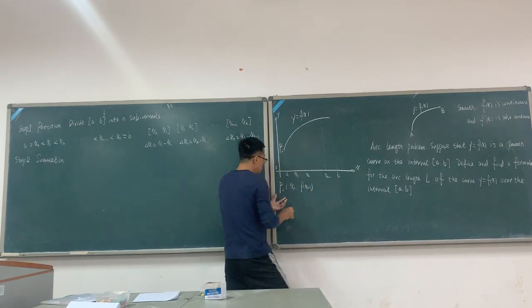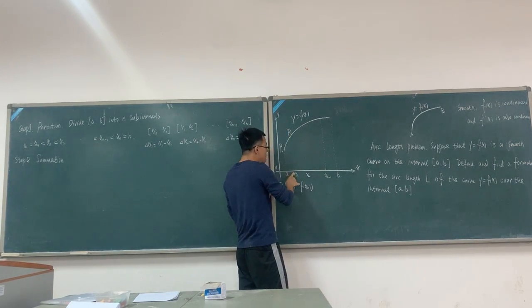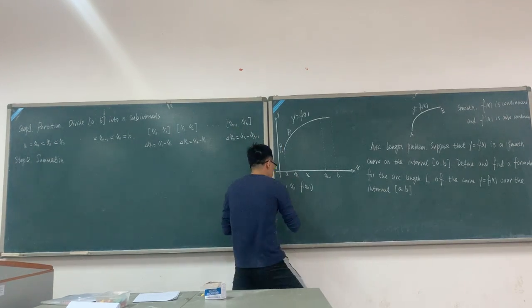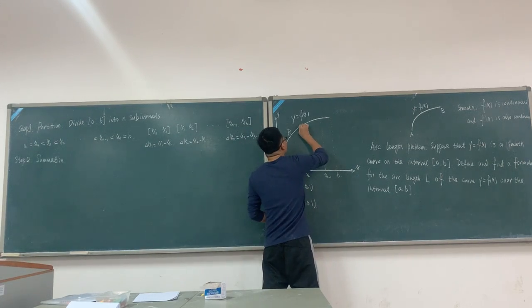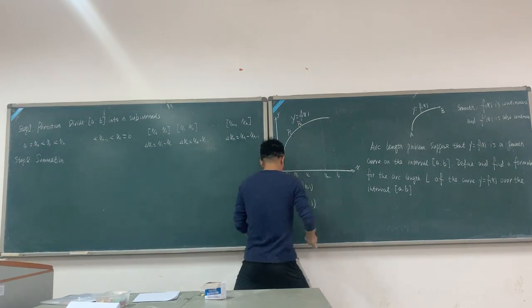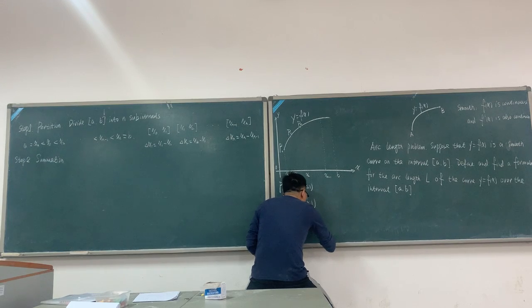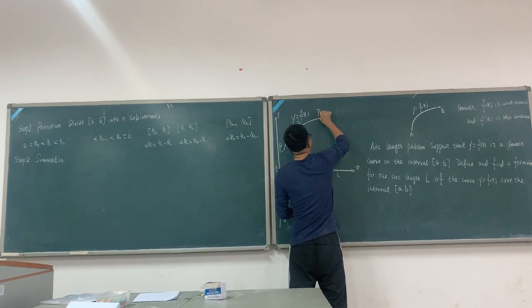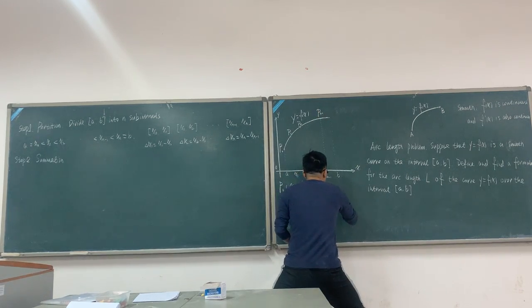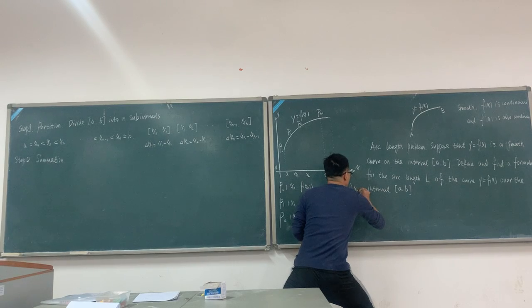P1 we denote by (x1, f(x1)). P2 we denote by (x2, f(x2)). Go on, here we denote by P(n-1), which is (x(n-1), f(x(n-1))).